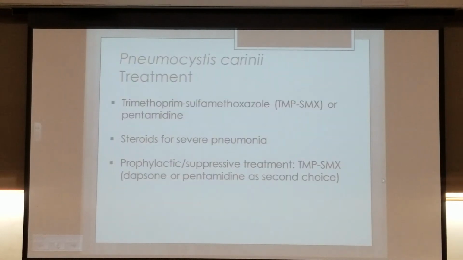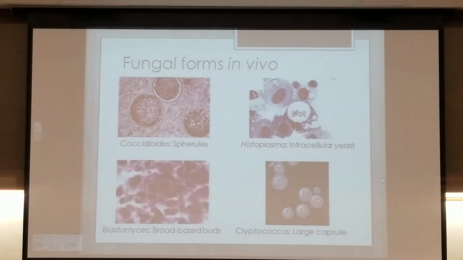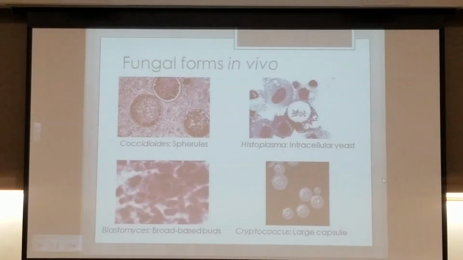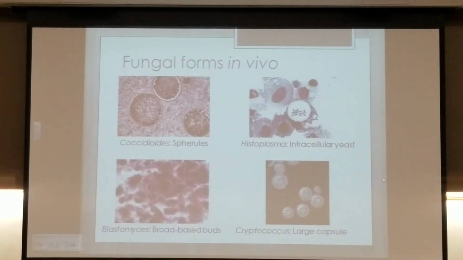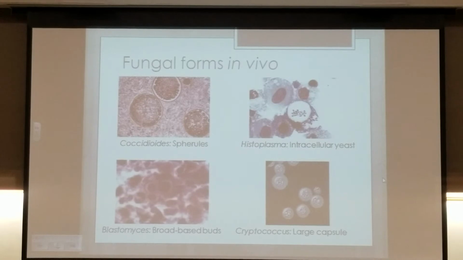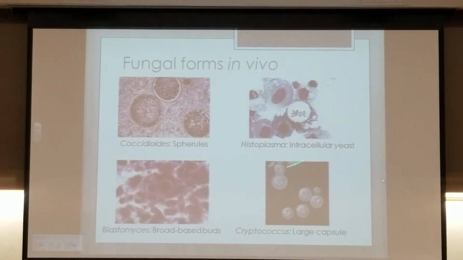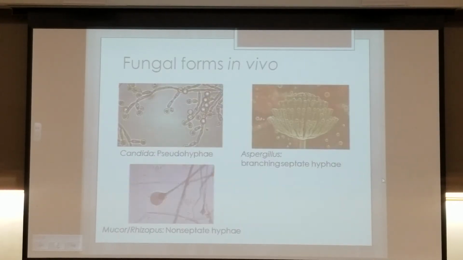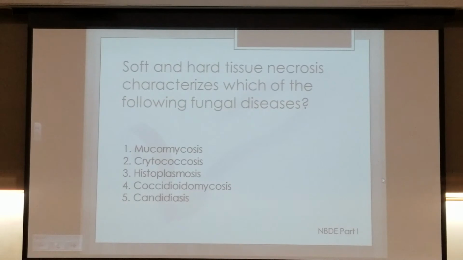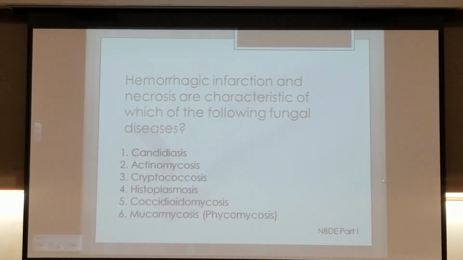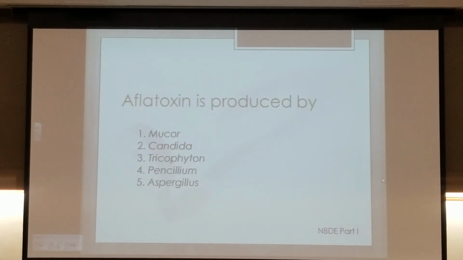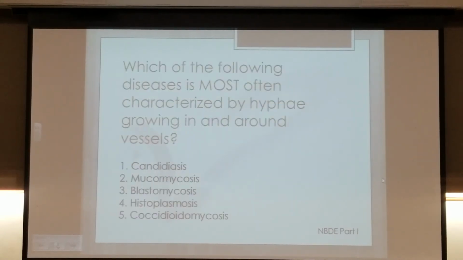I don't think I asked you anything about that one. This is just useful in terms of, if you've done the other stuff, this shouldn't be needed, but here it's reminding you it's cellular, encapsulated, with septate branching hyphae. So look, hard and soft tissue necrosis, angioinvasion is how they phrase it. Aspergillus, you know that one.